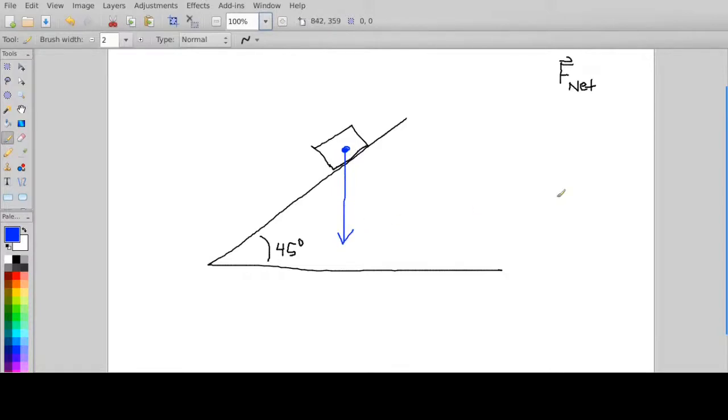But because we're going to be doing this vector sum that I mentioned, it's probably best to start by not drawing this vector, but drawing its components, the components which are perpendicular to the box, and the components which are parallel to the box, okay? So I'm going to remove this vector right away, and I'm going to replace it with its two component vectors. One vector is the one perpendicular to the box, and another one is parallel to the box.